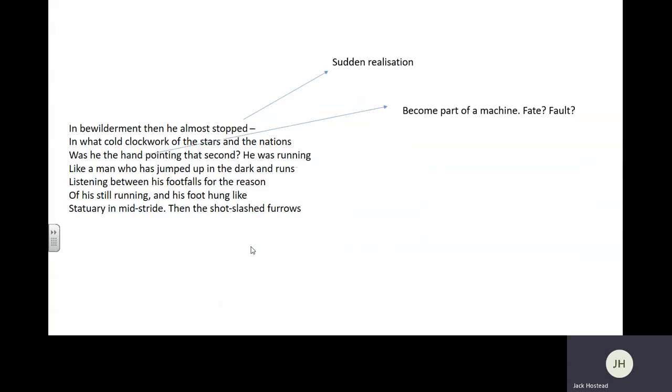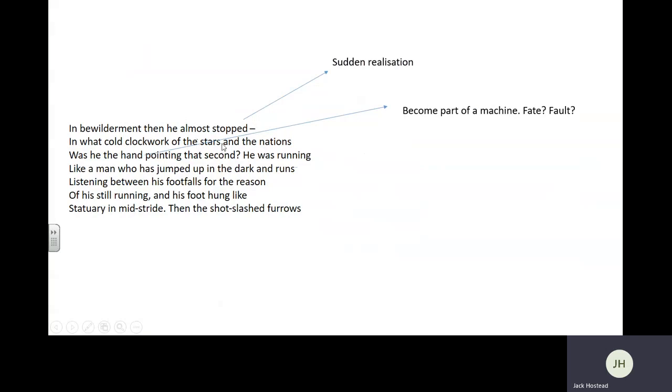In what cold clockwork of the stars and the nations was he the hand pointing that second? It's almost like he's become part of a machine, that he's kind of the hand of a clock. And again, this idea that war is not natural. And the fact that it says the stars and the nation.